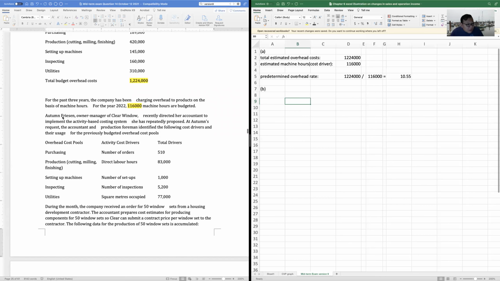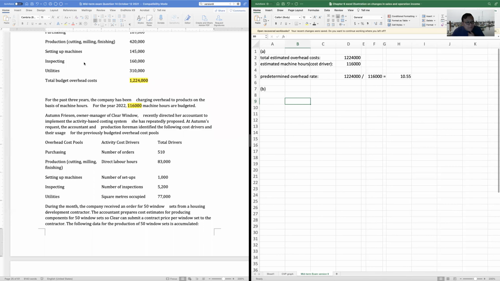So Autumn Friesen is the owner manager of the company. She recently directed her accountant to implement the ABC cost system. At her request, the accountant and the production foreman identified the following cost drivers and their usage for the previously budgeted overhead cost pools.